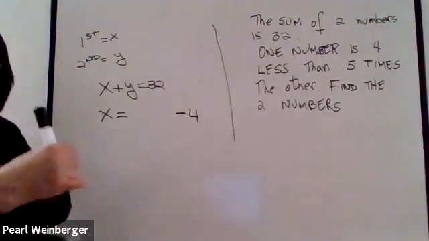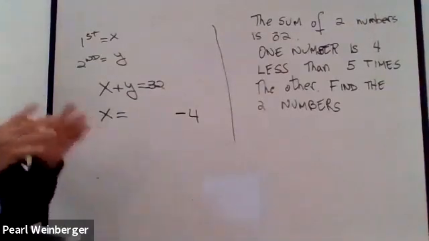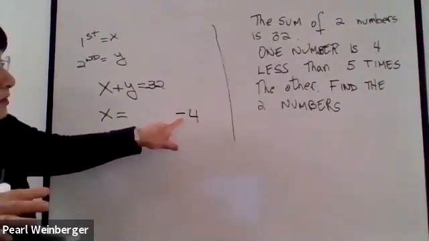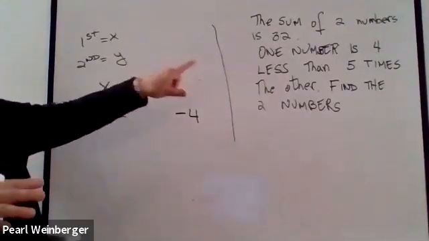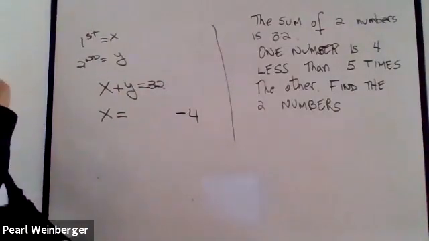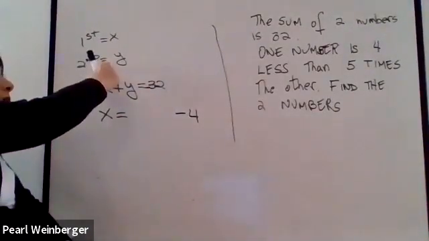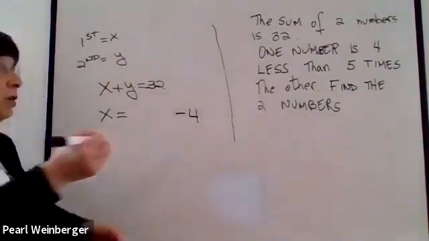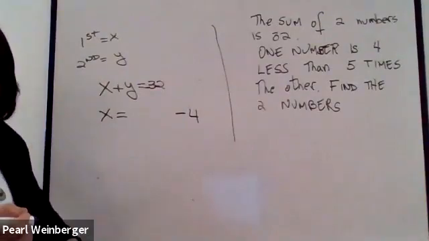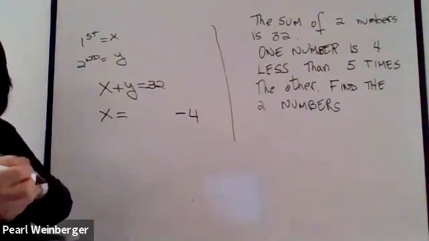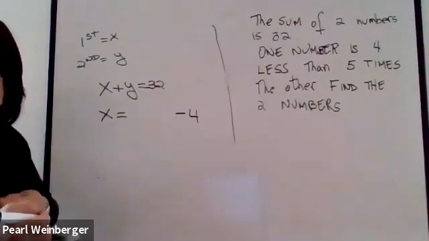English and math don't always coordinate exactly. 4 less means that we're going to be subtracting 4 at the end. 4 less than 5 times the other. 5 times the other, well, the other was Y, so how do you write 5 times Y? What does times tell us to do? Multiplication.